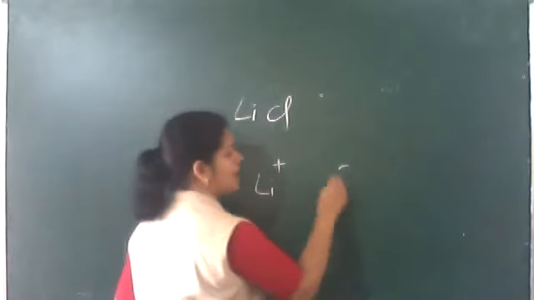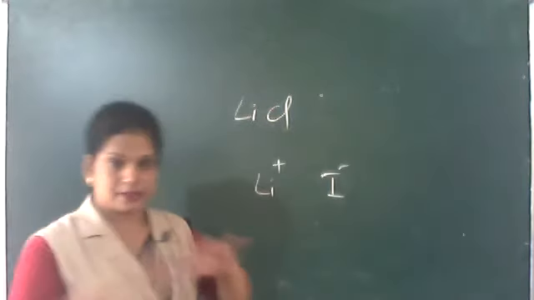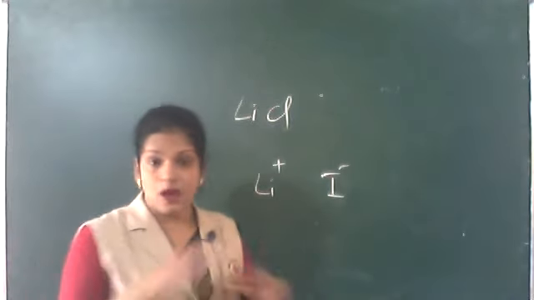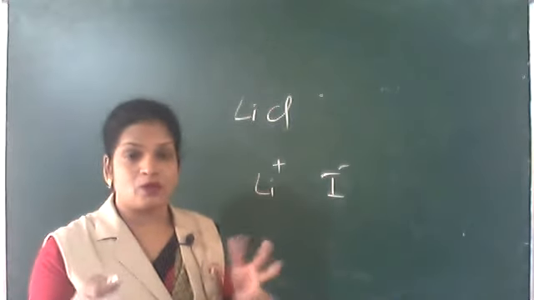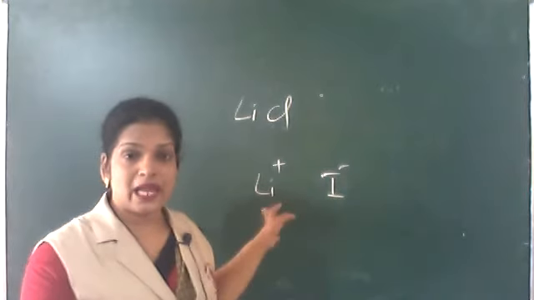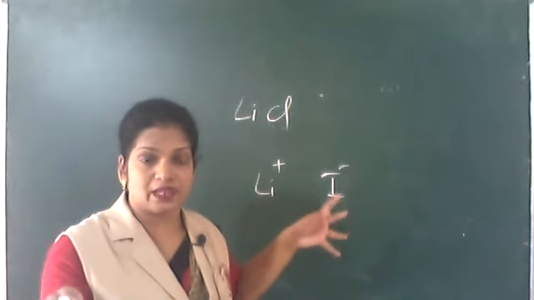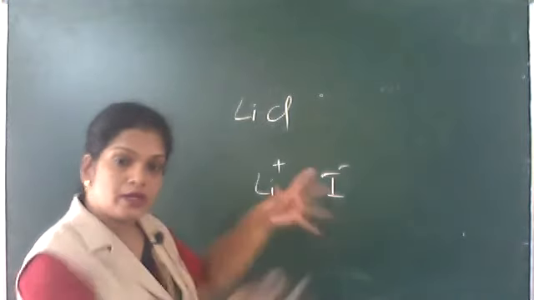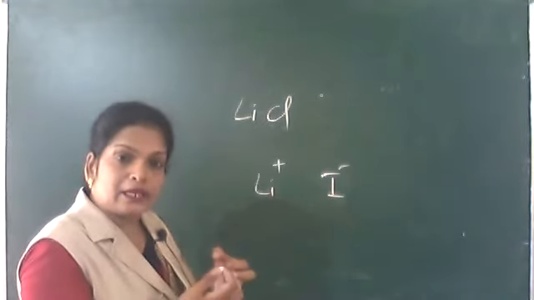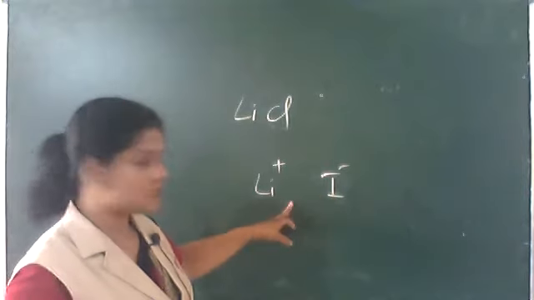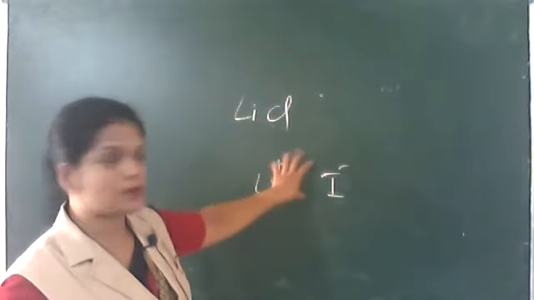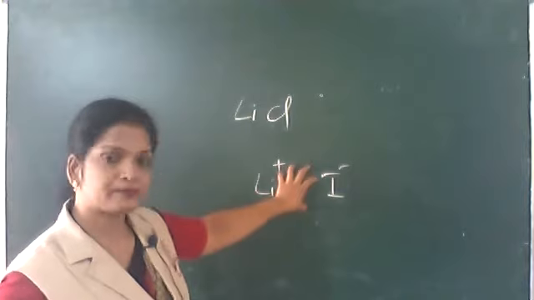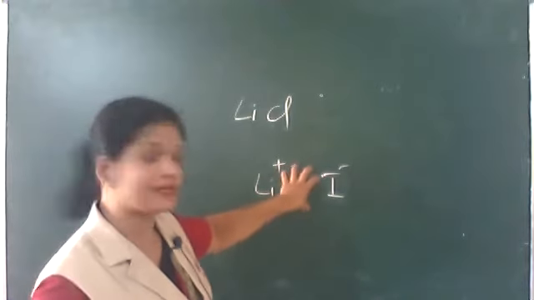For example, I minus is bigger. The outermost electrons are not very well controlled by the nucleus. So Li plus can distort the electron density, and since its polarizing power is more, it will be pulling the electron density towards it. That means electron density will be higher at the center.